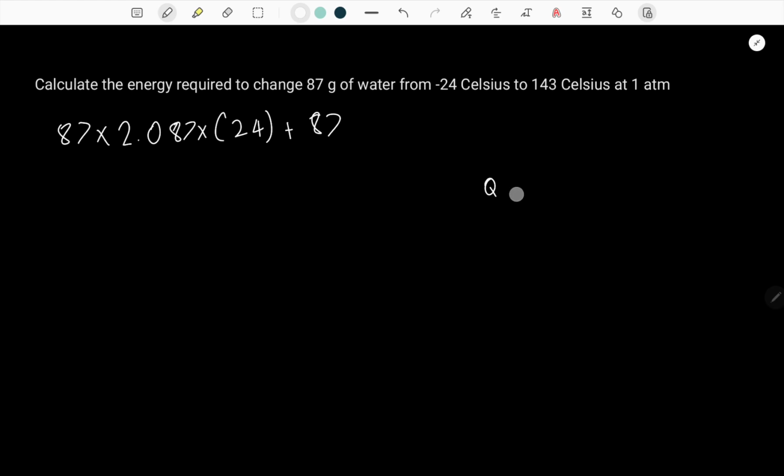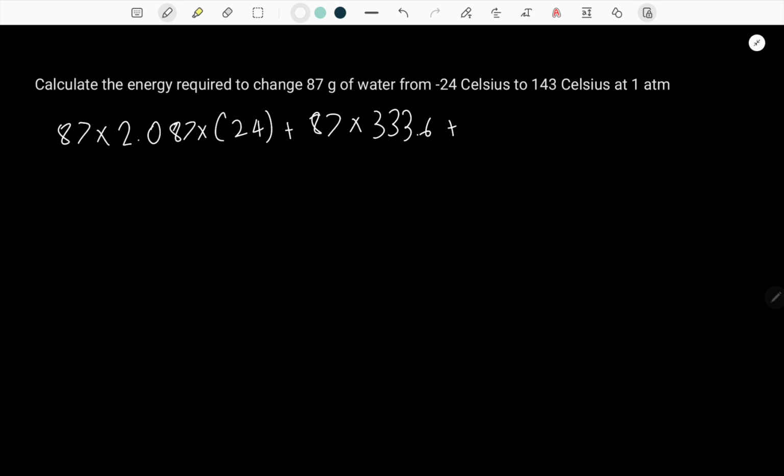So it will be 87 times, and this value is the fusion value, which we have to find per gram, 3.6 plus now.